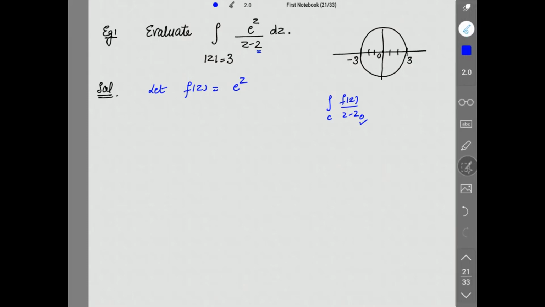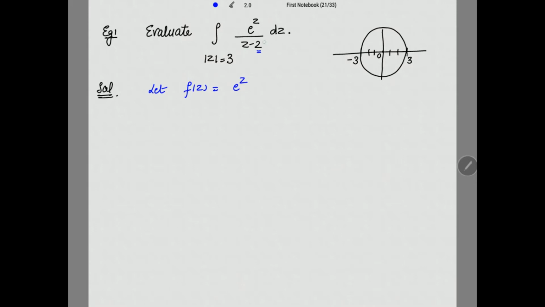So we have to find f of z naught because we need this f of z naught in our Cauchy's first integral formula. Why are we using Cauchy's first integral formula? Because in the denominator we don't have any power that is greater than 1. If the power is greater than 1, that is, if it is 2, then we can use the Cauchy's integral formula.